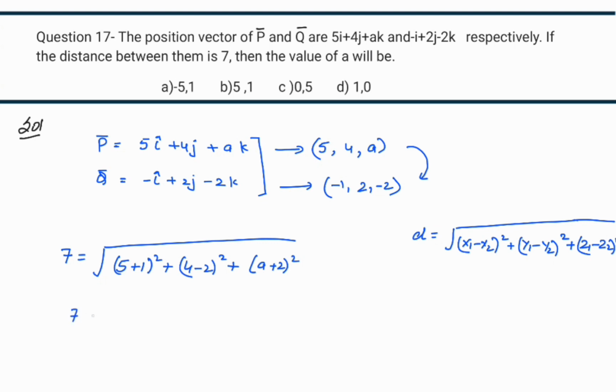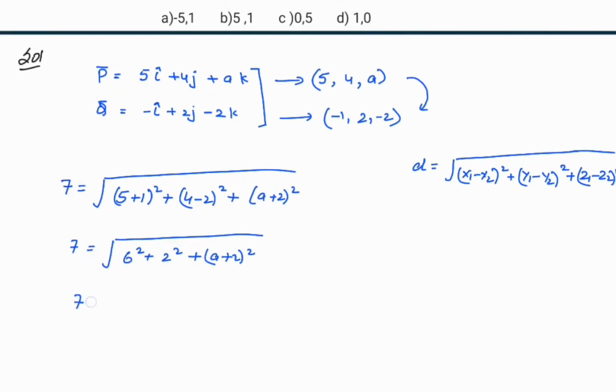Now solve this. 7 is equal to the square root of 6 square plus 2 square plus (A plus 2) whole square. Now solving, you will get 7 equal to the square root of 40 plus (A plus 2) whole square.